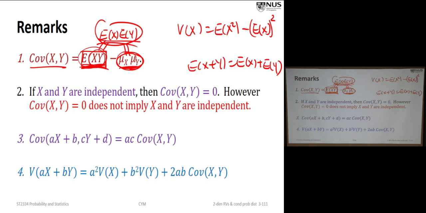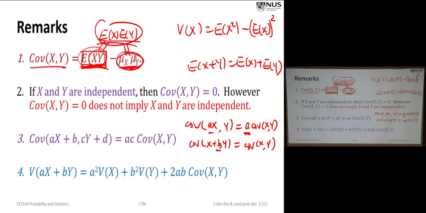If you find it hard to understand, this is simply saying that covariance of ax and y is equal to a times covariance of x and y. So that is the basic ingredient. And covariance of x plus b and y is the same as covariance of xy. Adding a constant will not change your covariance.